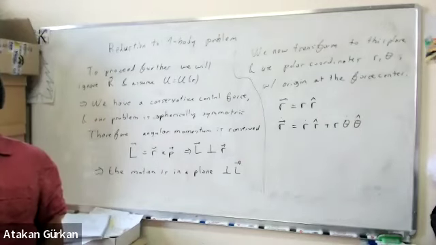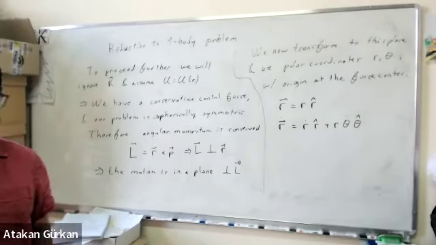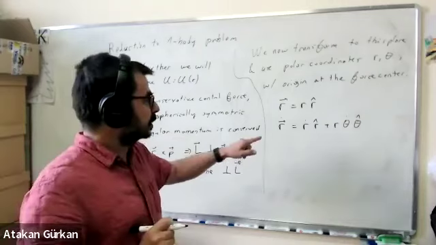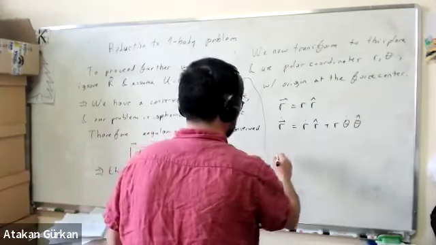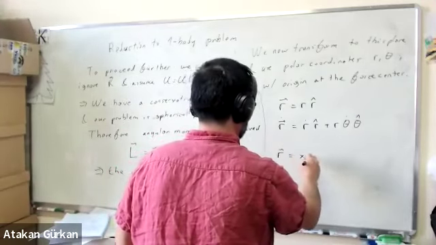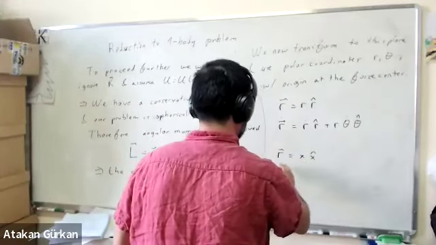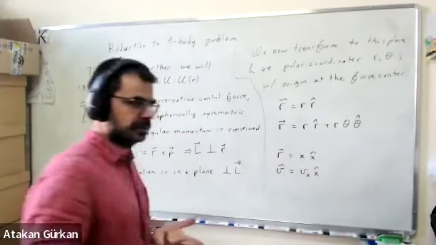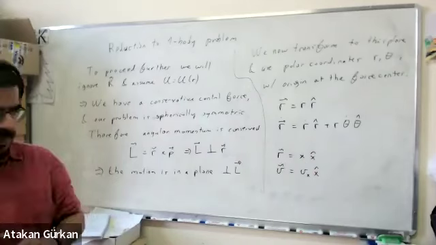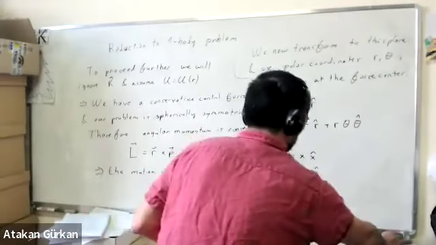Now, this is not obvious. This is not obvious because this is something that you don't see in Cartesian coordinates. Right? So if you write something like your r is x x hat and your v is just v_x x hat, there's nothing more. It doesn't happen in polar coordinates.